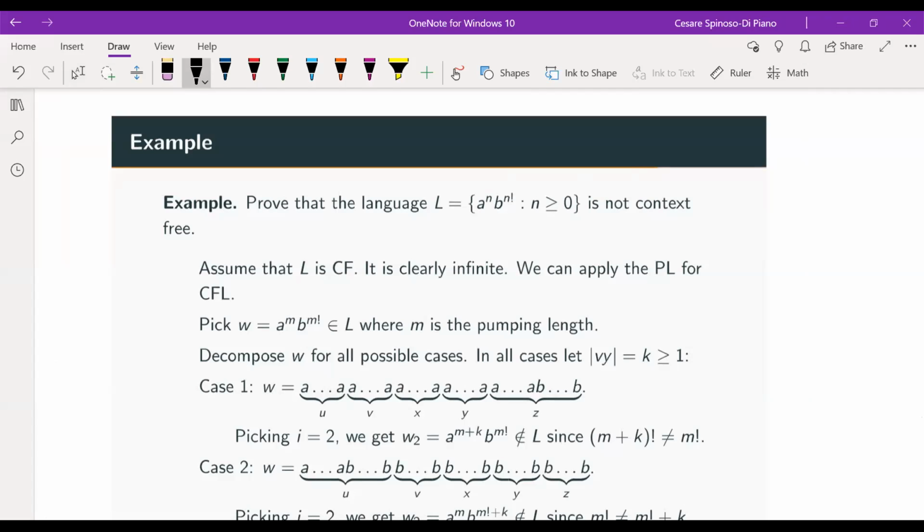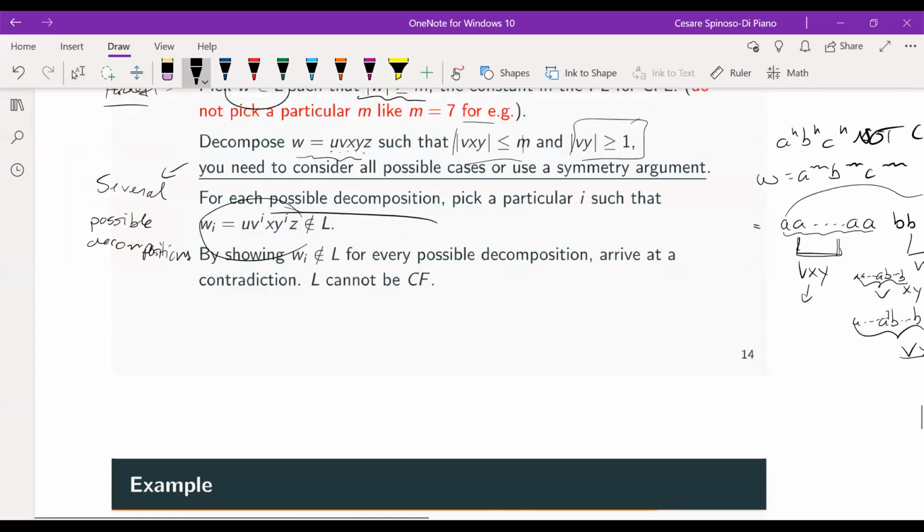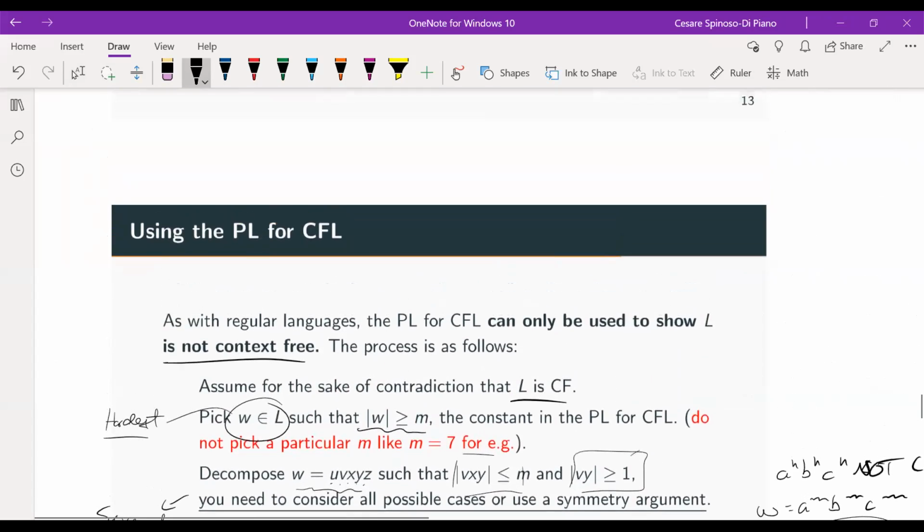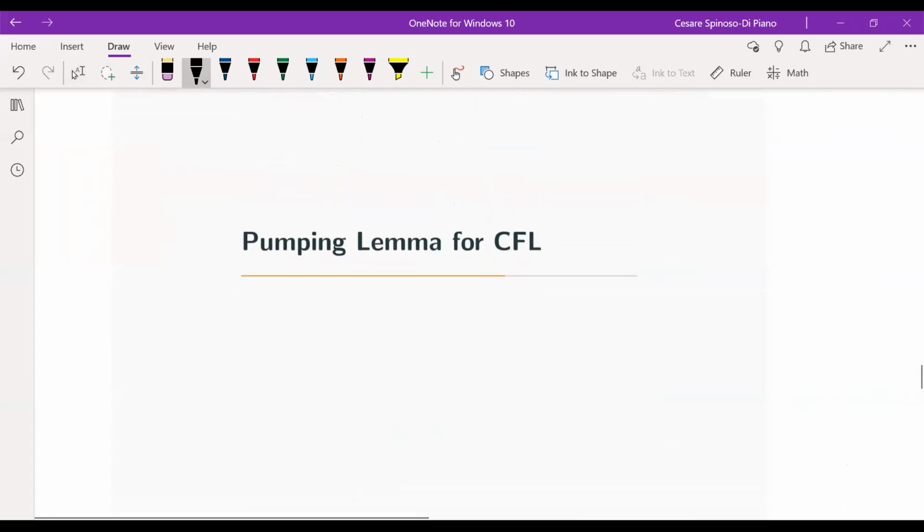So next tutorial, I'm just going to focus on the pumping lemma for context-free languages, because I'm not going to have time to cover Turing machines. Okay, so that last part probably wasn't very useful. Sorry about that. I just wanted to give you a glimpse of the pumping lemma.